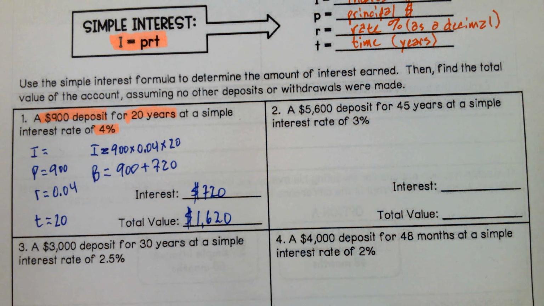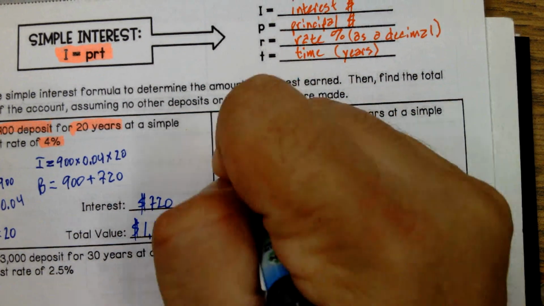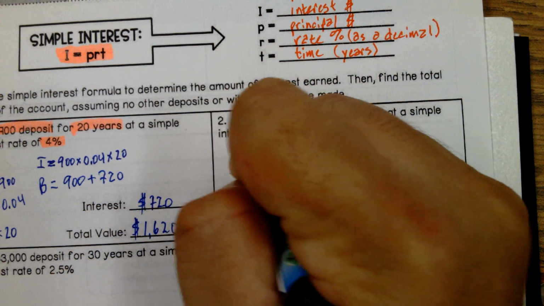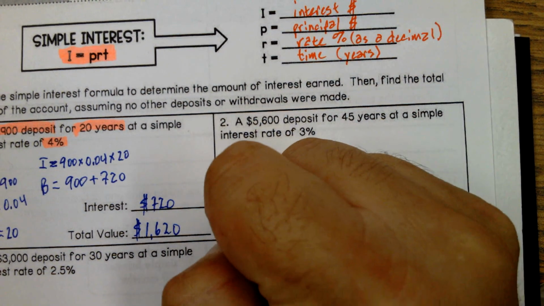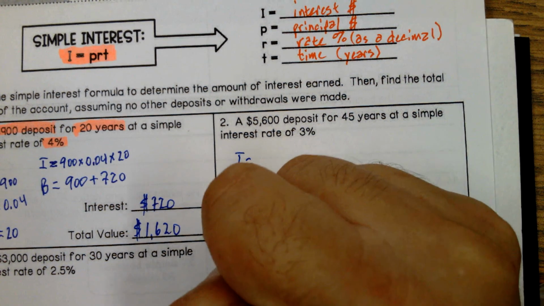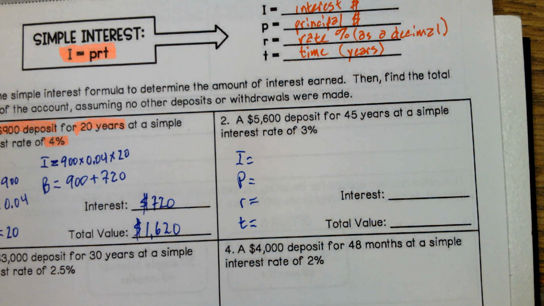All right. I'd like you to try number two. Let's set it up. Let's all read it together. A $5,600 deposit for 45 years at a simple interest of 3%.